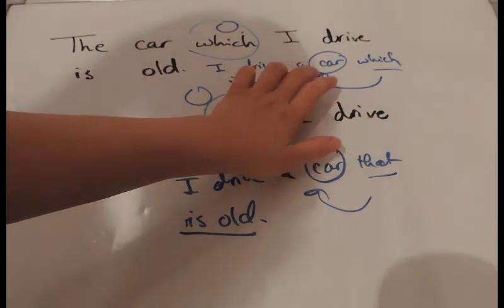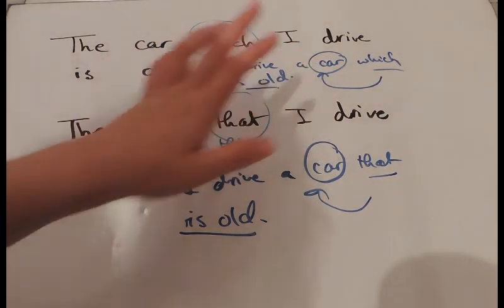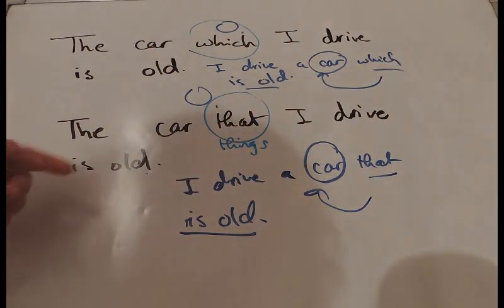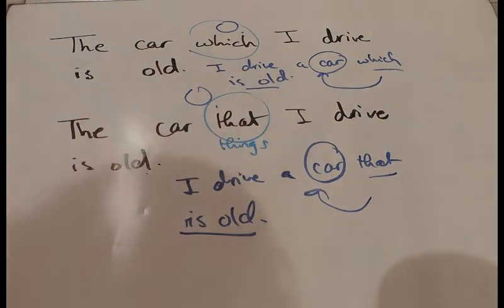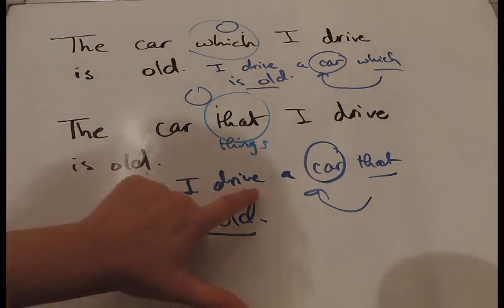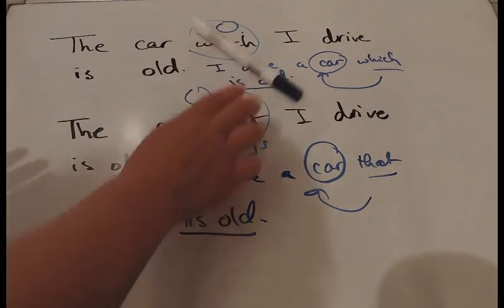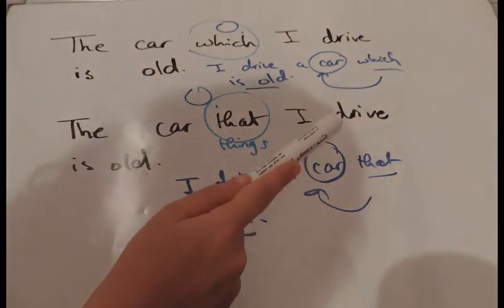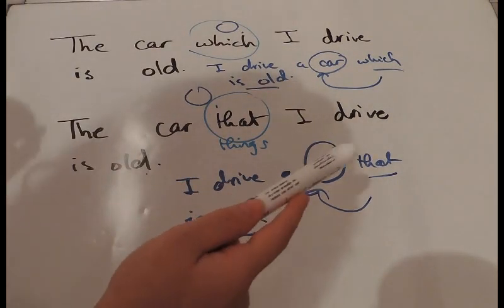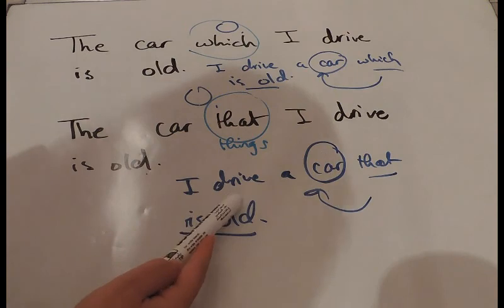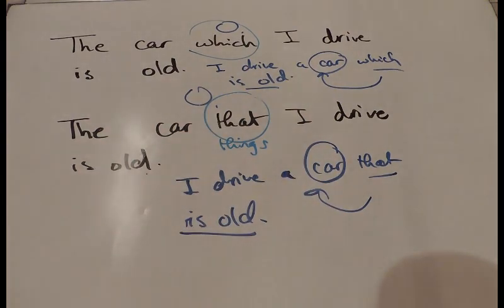So again, car comes after drive, an action verb, so it is object. Number 2, I just replaced which with that to show you that that works for things. And I said that I drive a car that is old. Again, I just rearranged the second sentence to show you that it is object. The thing that I want to relate to is after an action verb, so it is object as well.